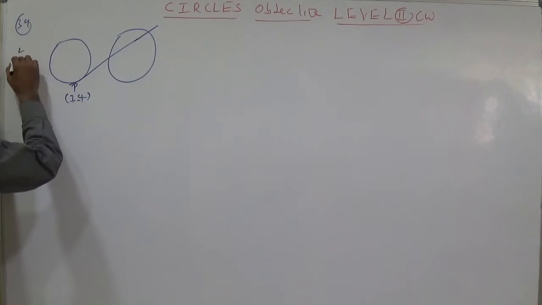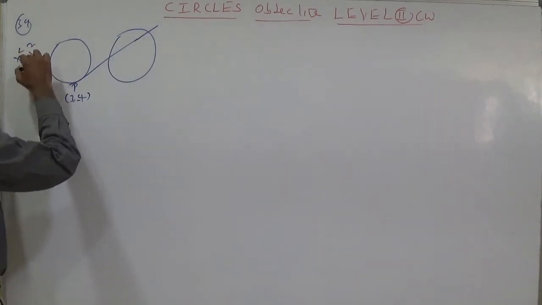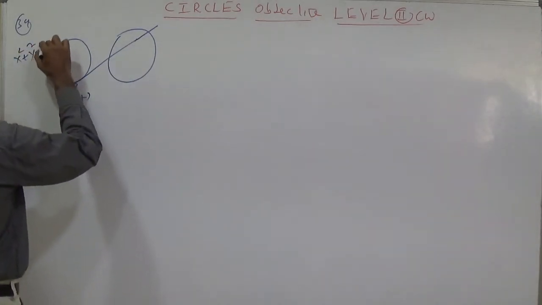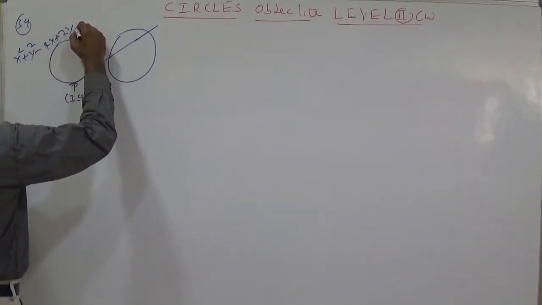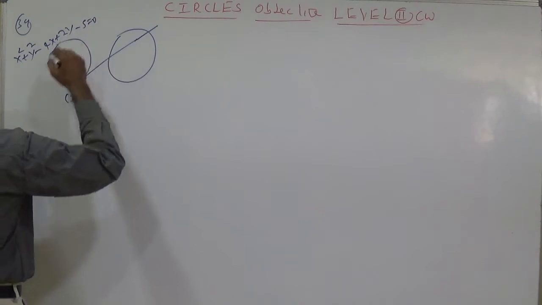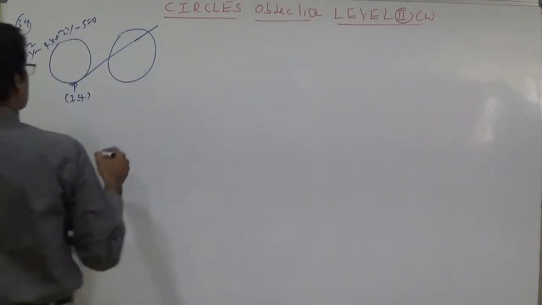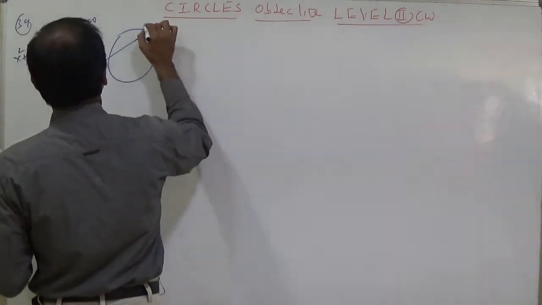This circle x² + y² − 4x + 2y − 5 = 0 cuts the other circle at two distinct points.